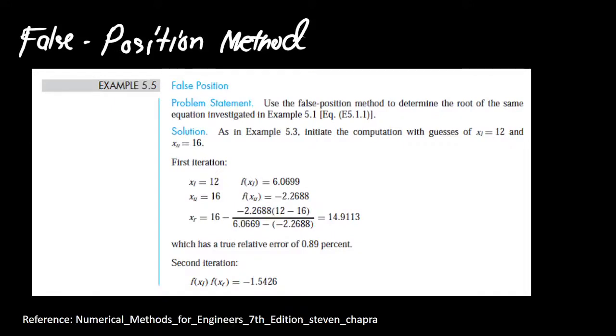Since our initial guesses in the bisection method were 12 and 16, we just use those. So 12 gives the value of f of x sub l, and for the upper, which is 16, we have the value of f of x sub u. Then for x sub r, using that equation, we now have 14.9113.